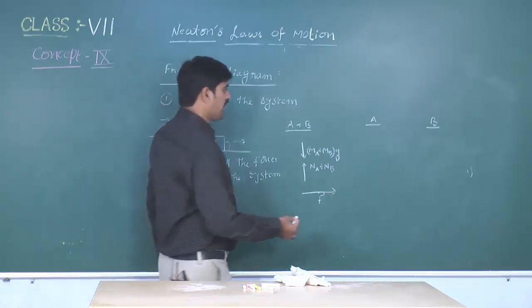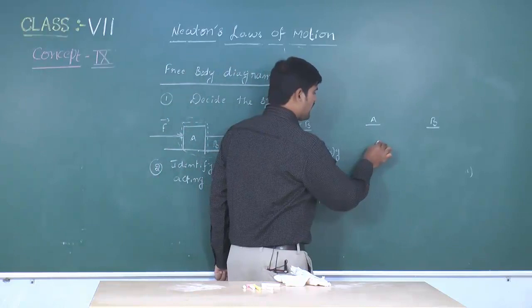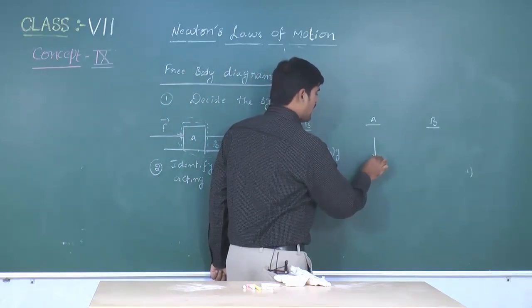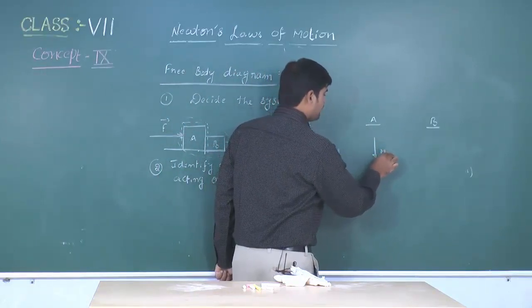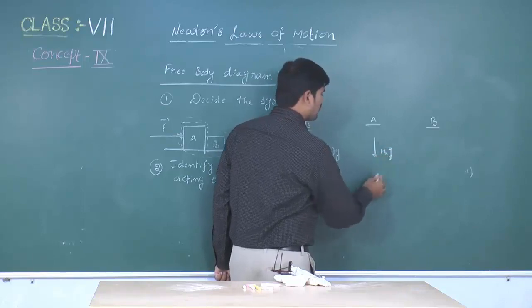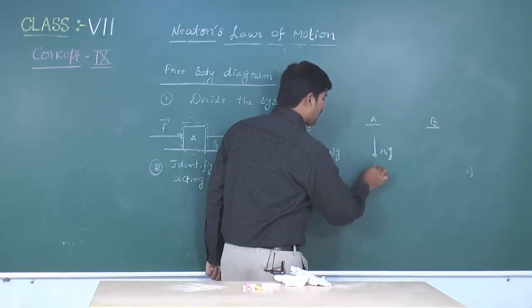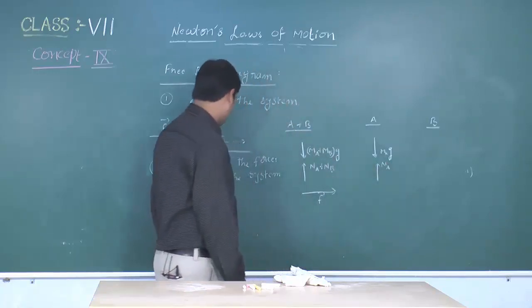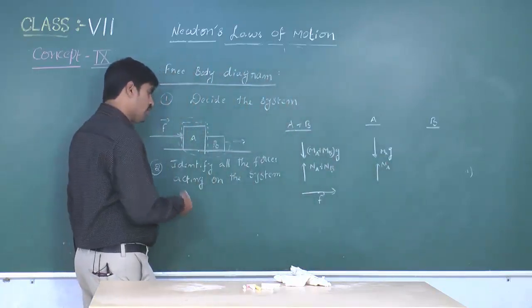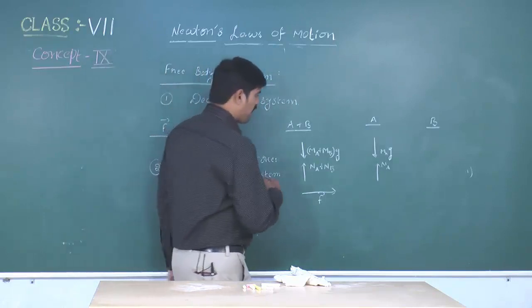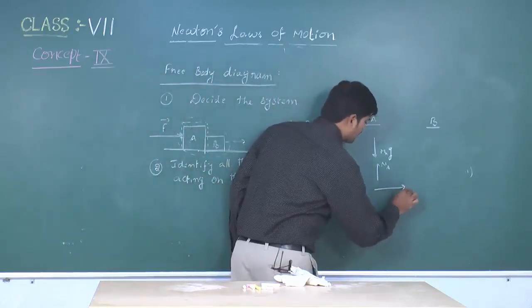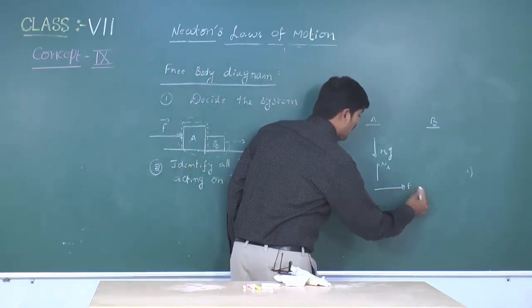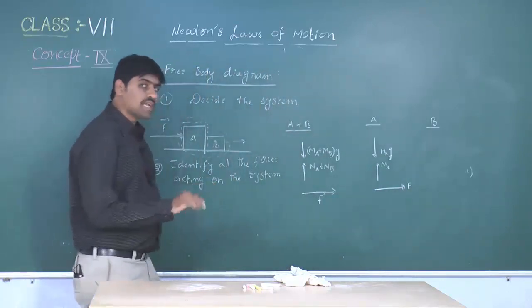Now on this A, the force acting is mAg in downward direction and normal reaction acts in upward direction, and also the applied force acts in this horizontal direction, and another force is also acting.